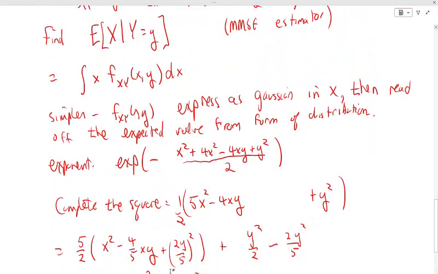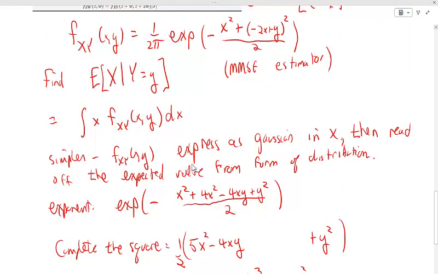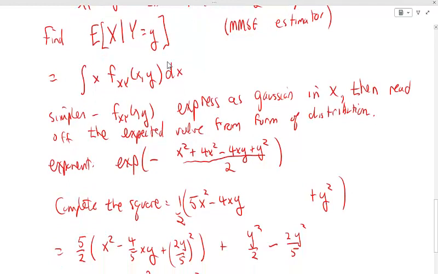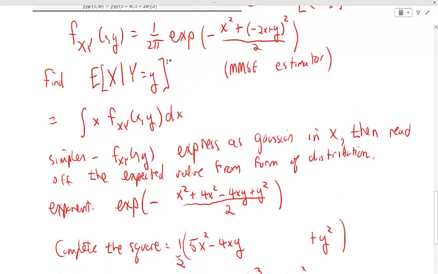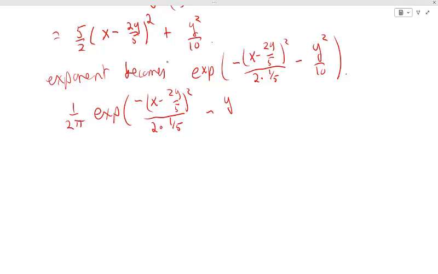All right, so I can write my distribution this way. What do I have in front? The 1 over 2 pi still doesn't change. So I have 1 over 2 pi times exp of minus x minus 2y over 5 squared over 2 times 1/5, minus y squared over 2.